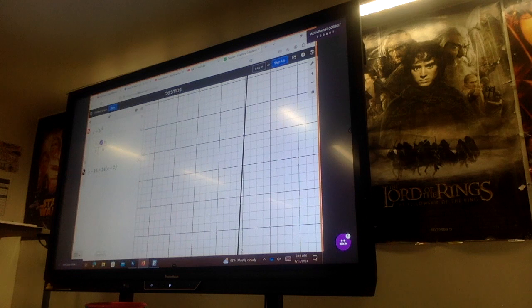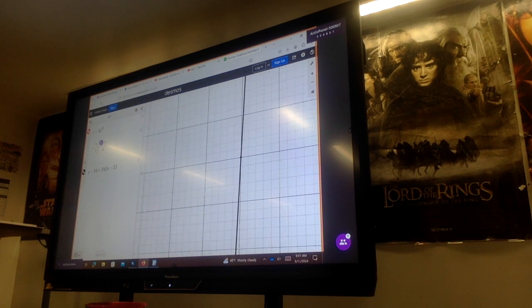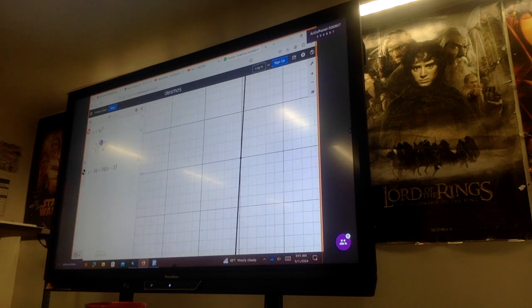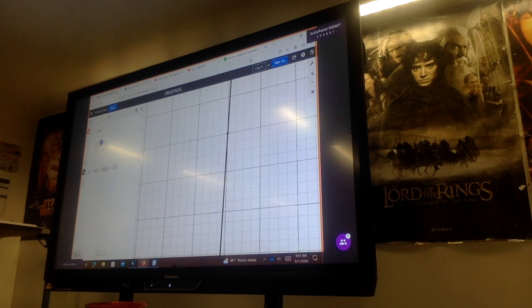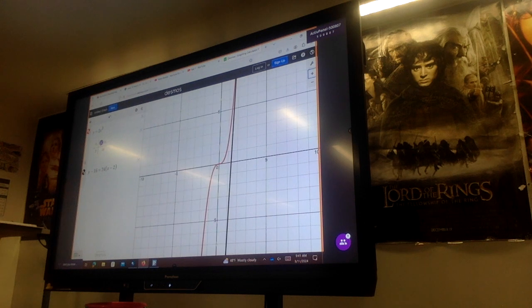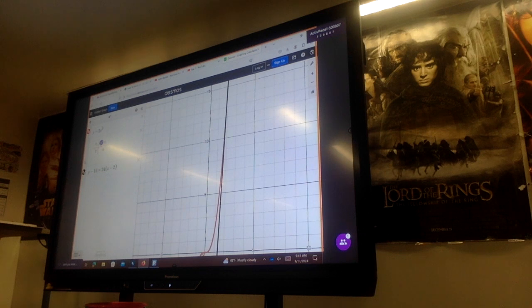This is obviously a slope of 24. You go up 24, right 1. That's as far as I can go back to home. So that black line is a tangent line to the red line at the point 2.